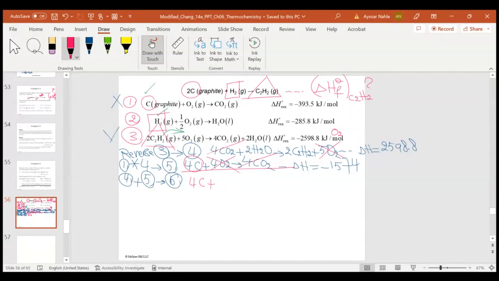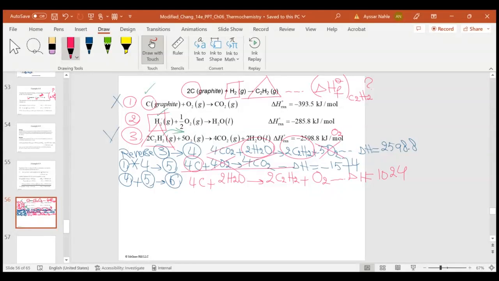Plus 2 H2O, and this will give me 2 C2H2 plus 1 O2. And this delta H will be equal to, add them together, how much? 1024 kilojoule. Finished. But this is equation number 6.